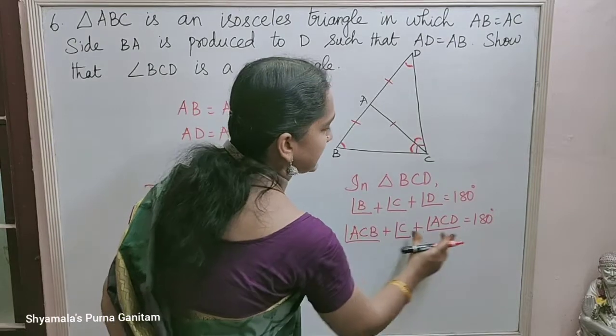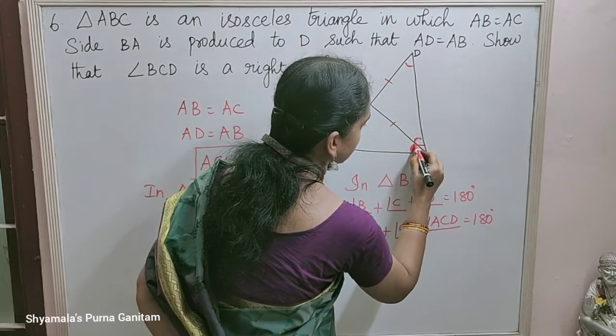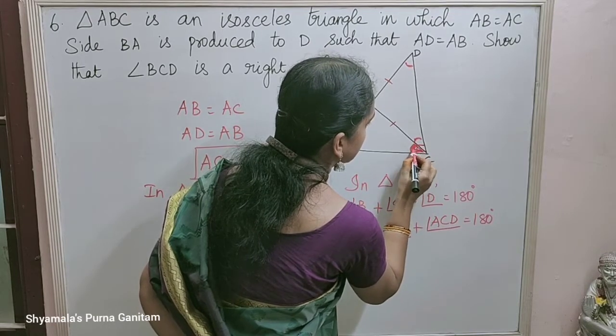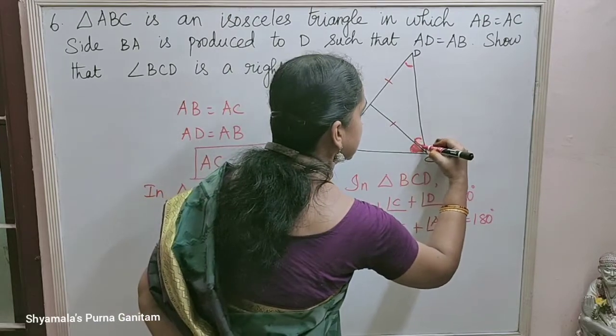What are ACB and ACD? ACB is this angle, and ACD is this angle.